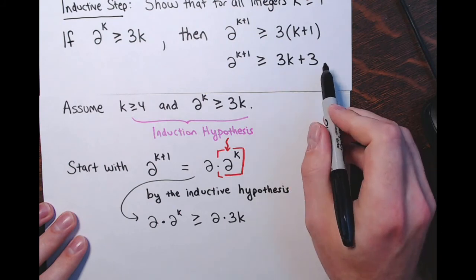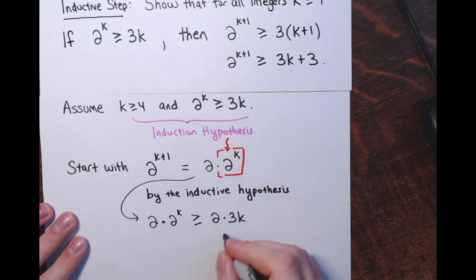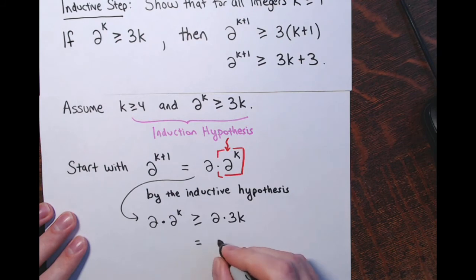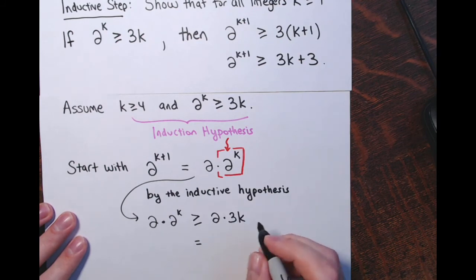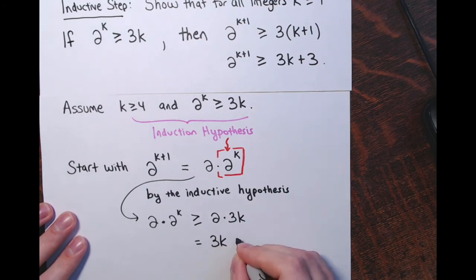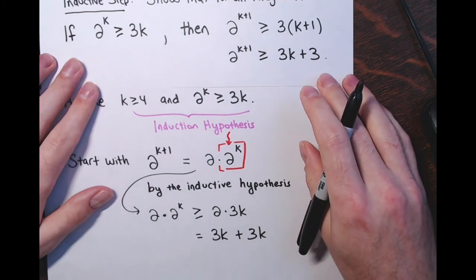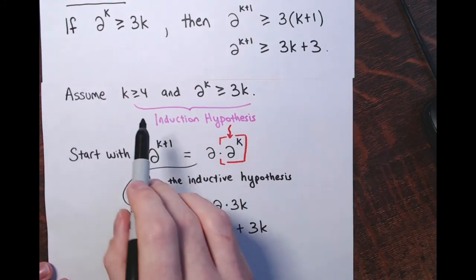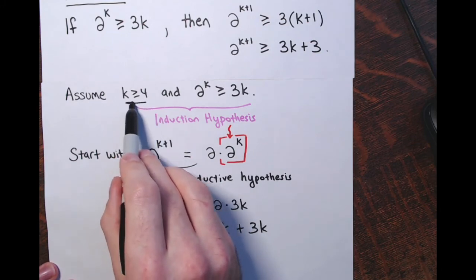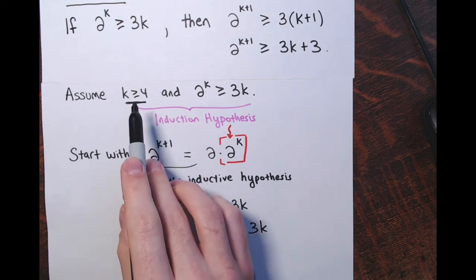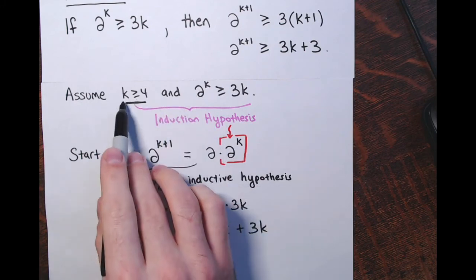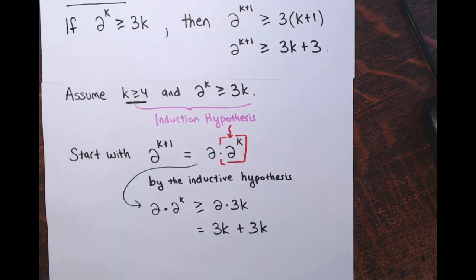It's 3k plus something. 2 times 3k, if you write it as a sum, that's 3k plus 3k. Right? That's 2 times 3k. Here we go. And we can also use this part of our, we know that we are assuming that this is true for some k that's greater than or equal to our base case, greater than or equal to 4.